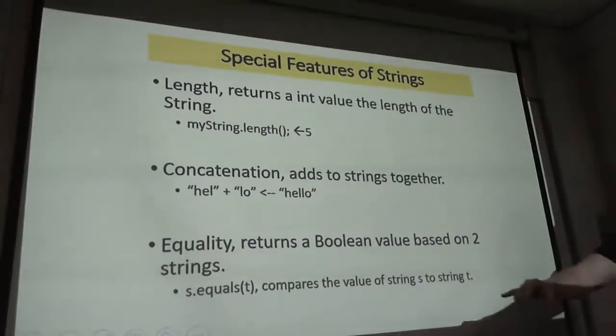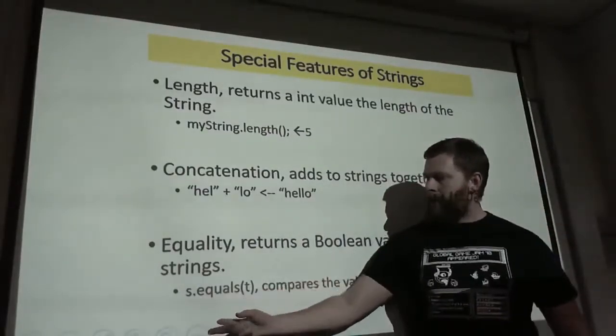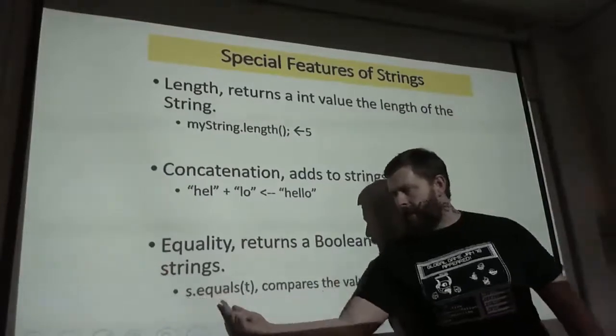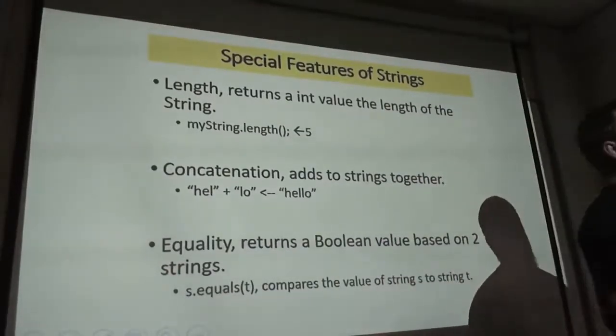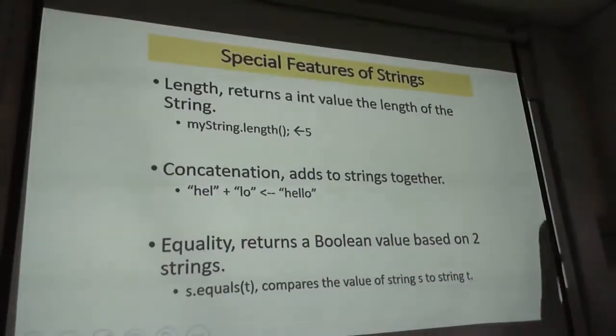So we need to have the dot equals command. To check to see if string s is the same as string t, we would write s dot equals, and inside our brackets, we'd send in t. Something happens, and it returns back either true or false, depending on whether it does or does not match.